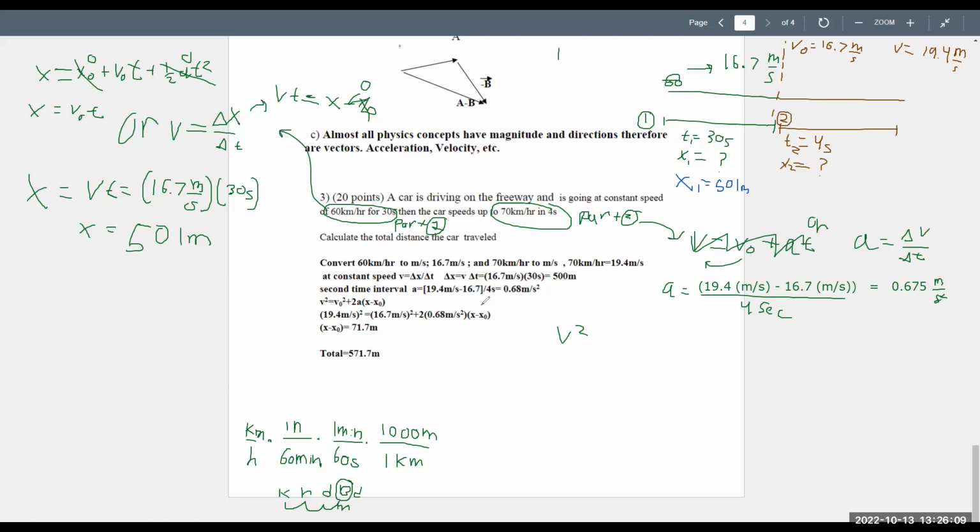The only pro side of this one is having this delta X. So I'll do an alternative version.